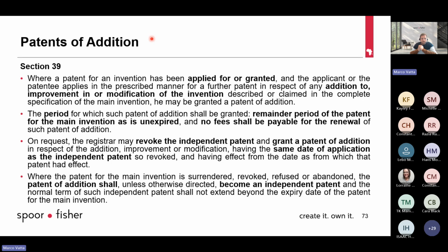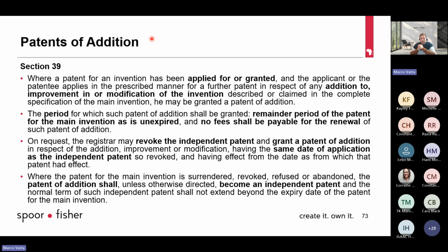And the applicant or the patentee applies in the prescribed manner for a further patent in respect of any modification, addition to improvements of the invention described or claimed in the complete specification of the main invention. He may be granted a patent of addition.